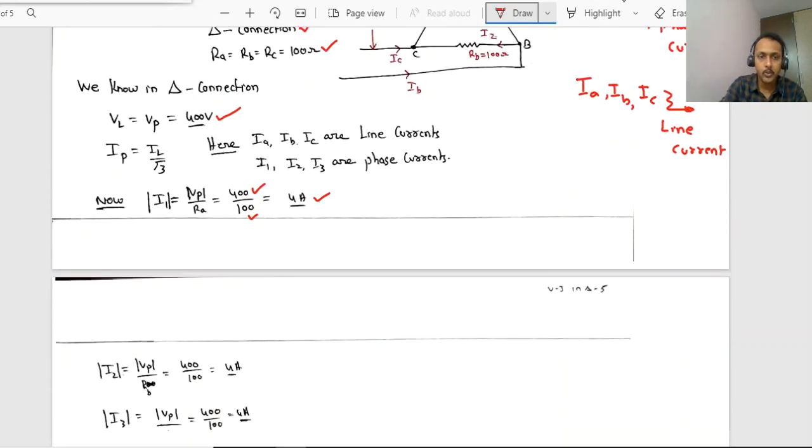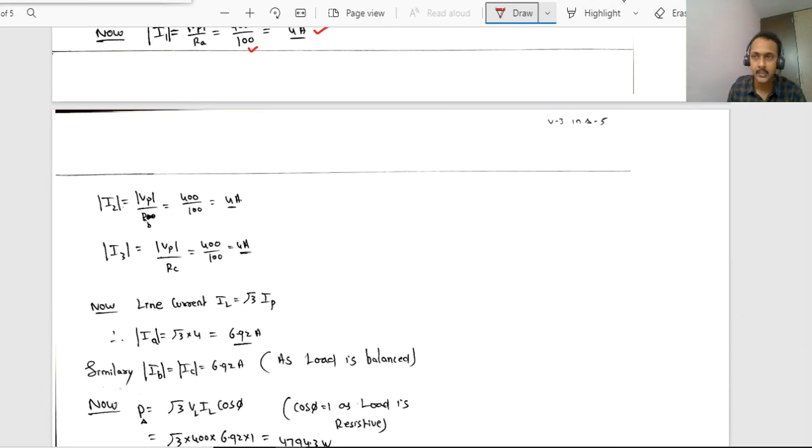Now, once you know I1, as the system is balanced, magnitude wise you will get the same values for I2 and I3. Because for phase 2 also the voltage is same 400 only, and impedance is also given same 100, so you will get same 4 amps.